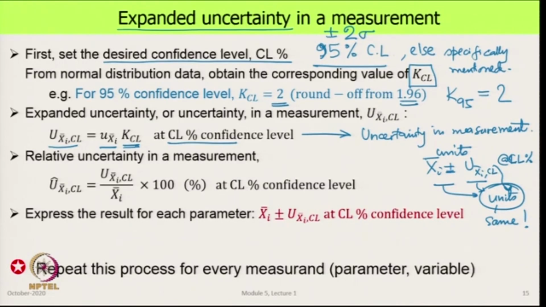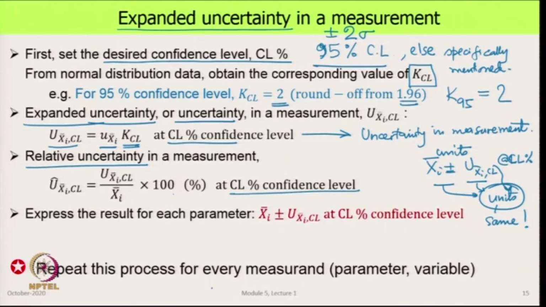We can also report one more value, and often you will see this in many applications, which is the relative uncertainty. So, we got the uncertainty or the expanded uncertainty, which is u x I bar C L, and now we call the relative uncertainty in a measurement, which is the expanded uncertainty divided by the mean value of the parameter multiplied by 100. So, this is so much percentage at that particular confidence level.